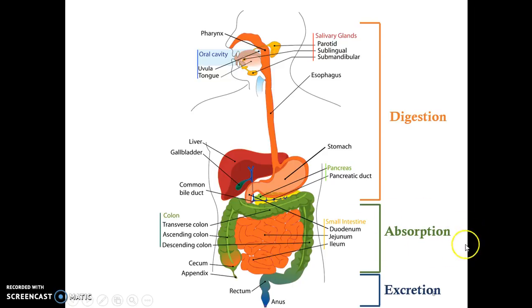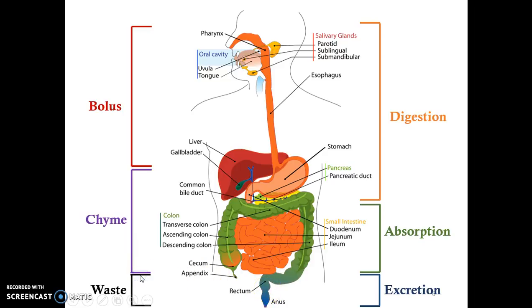So that second part is absorption in these intestines. Once we get all we need from the food we eat, it gets compacted in the large intestine and sent down to the rectum so that it can be squeezed out through the anus. And this is called excretion. So we have excretion when our waste gets expelled from our body.